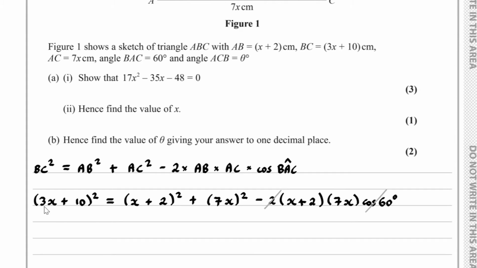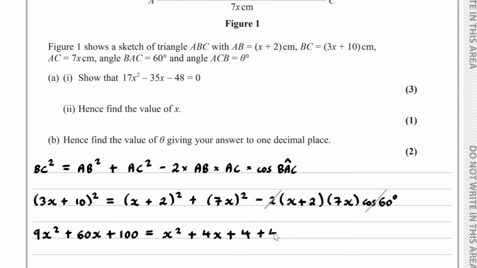What we end up then is 3x plus 10 all squared, which is the same as 9x squared plus 60x plus 100 equaling x plus 2 all squared, which is the same as x squared plus 4x plus 4 plus 7x all squared.